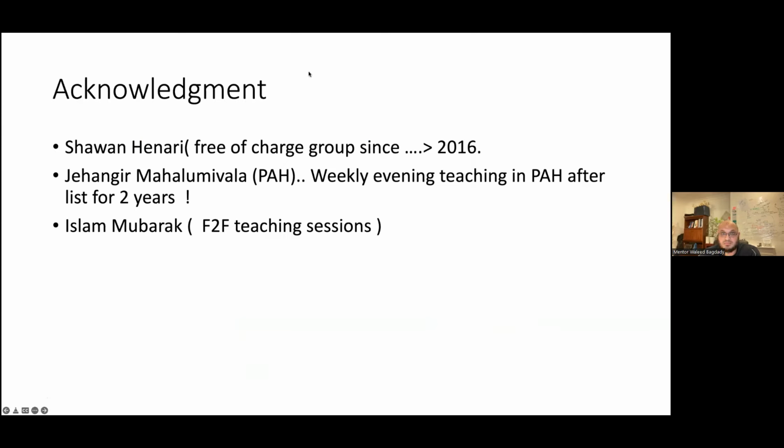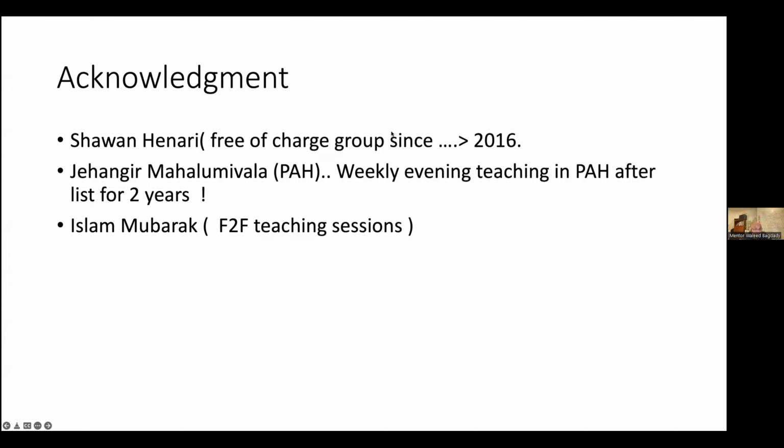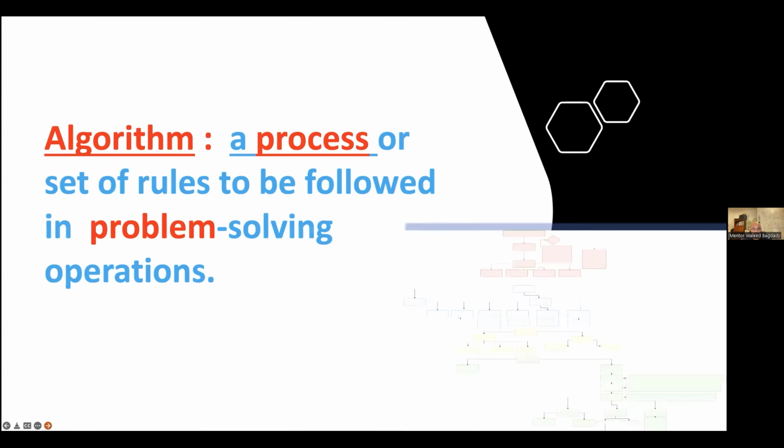I spent with him for 2 years. He was doing an evening session teaching after his lower limb list, and you can imagine if someone doing a list like that, how keen he is. And sometimes he used to spend up to 11 p.m. doing teaching. And Islam Mubarak, who actually provided a very unique face-to-face teaching session during my exam.